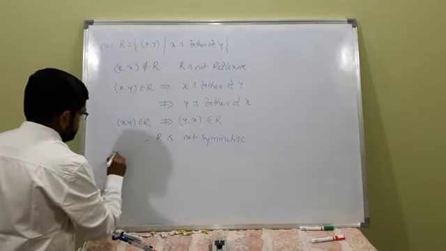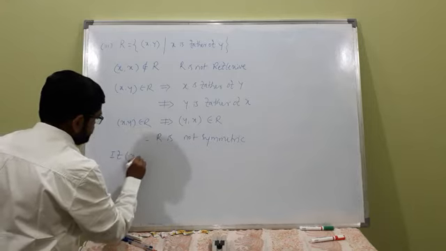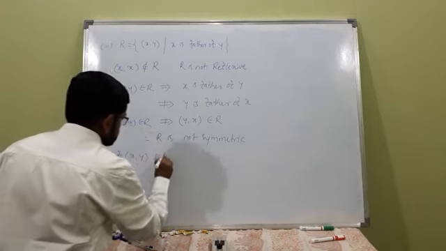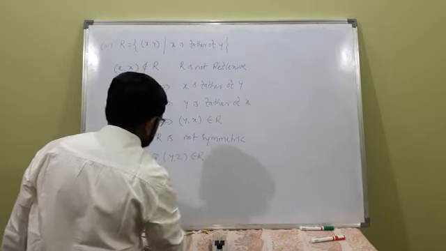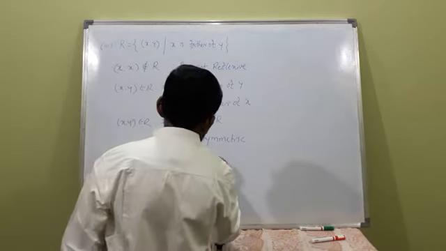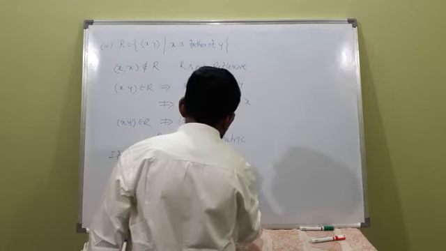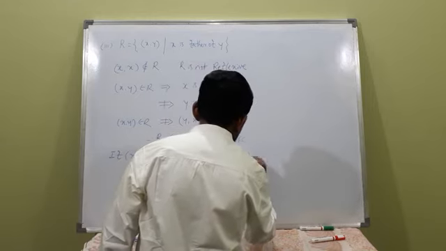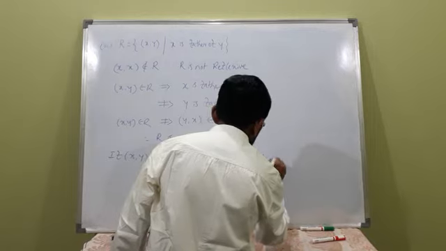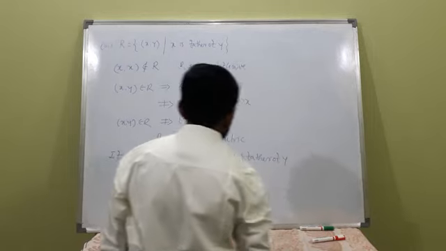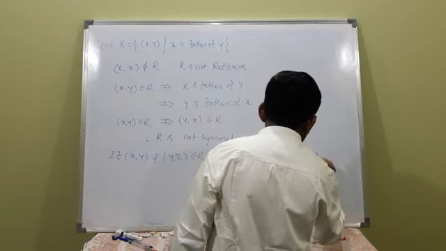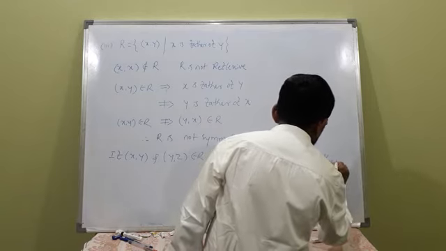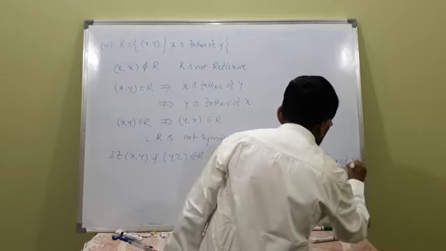If (x, y) and (y, z) belong to R implies x is father of y and y is father of z.